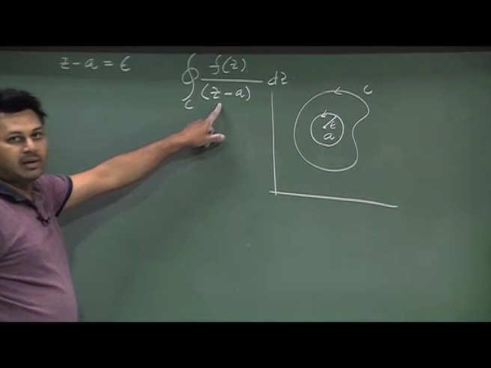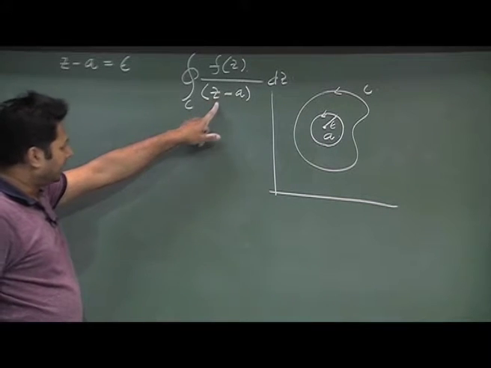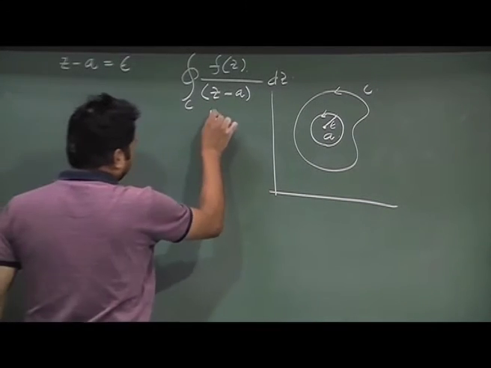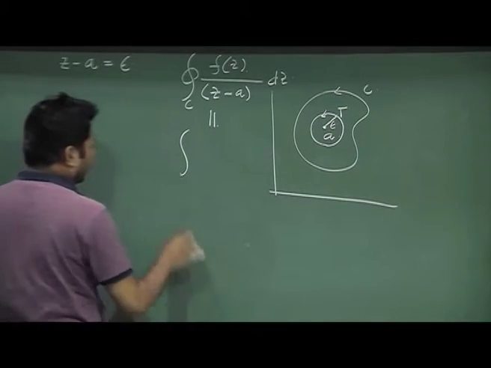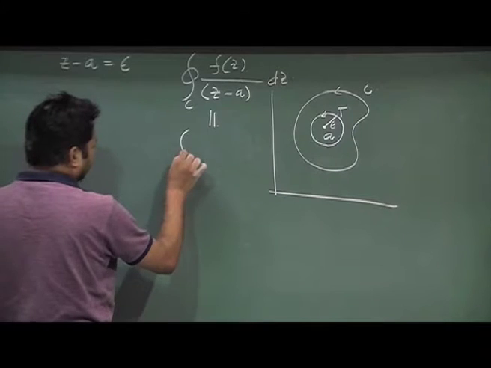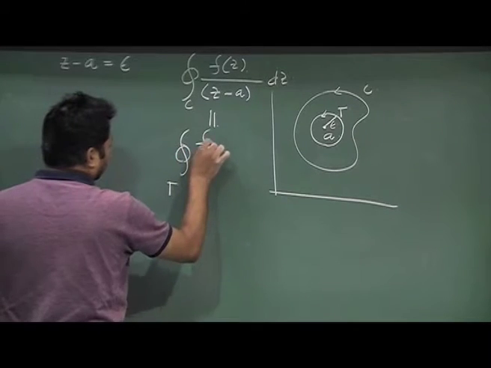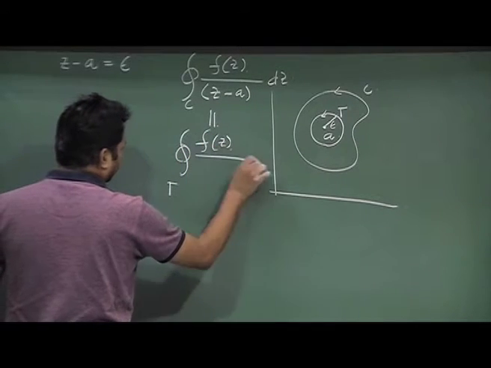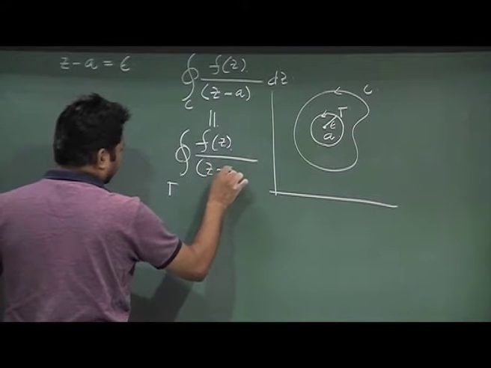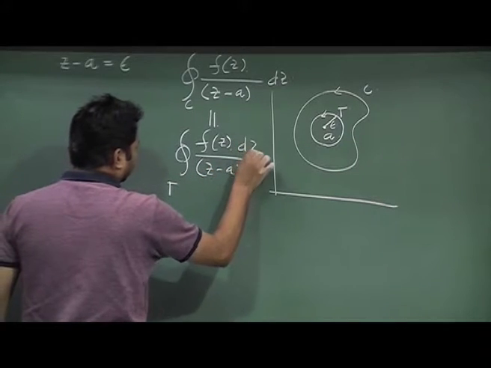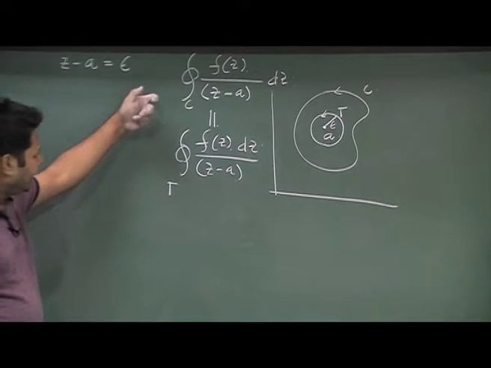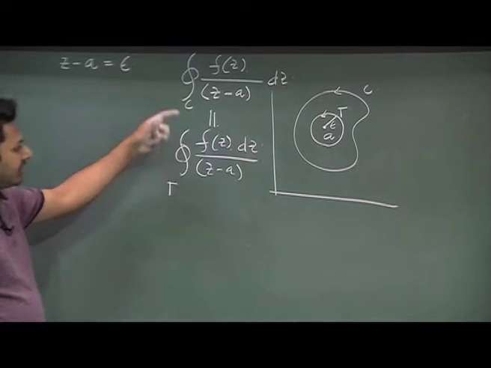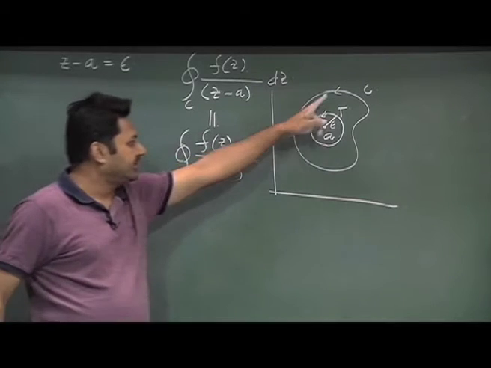This is equivalent to, if I say this is my gamma, the closed integral over gamma of f(z) divided by z minus a, dz. Fine. So now I change this C to gamma because I have already shown that these are the same.